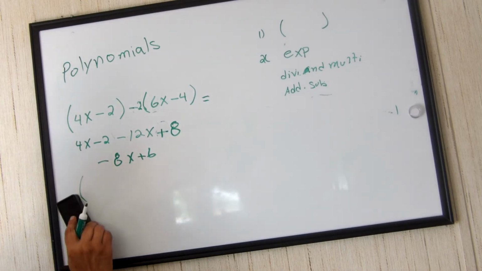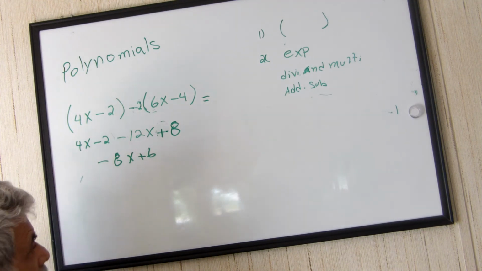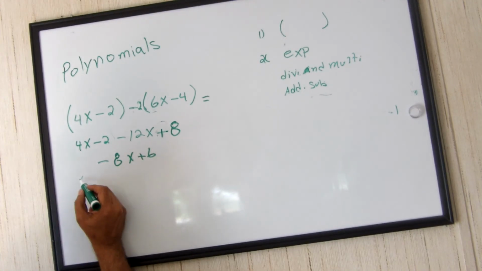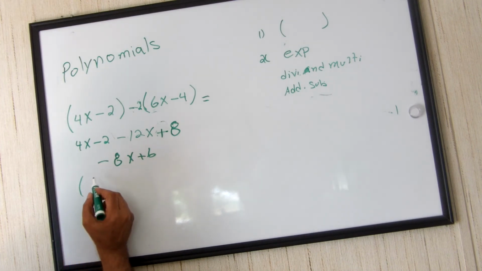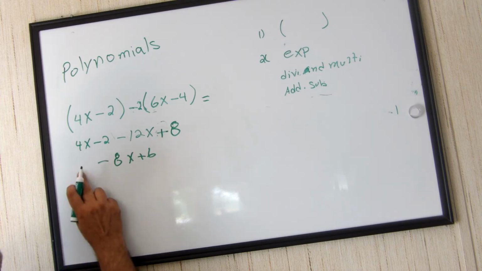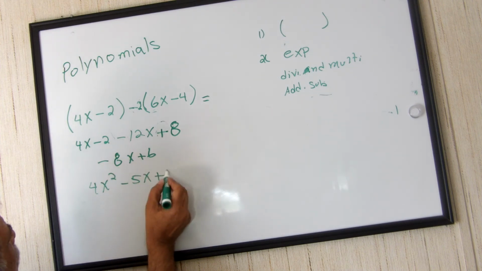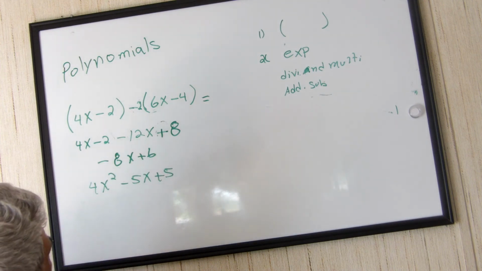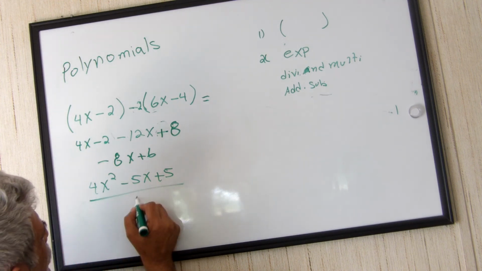Okay, now we talked about multiplication, addition, and then division. If you have something like 4x² minus 5x plus 5, and you want to divide it by 5, for example, or divide it by x, let's divide it by x.